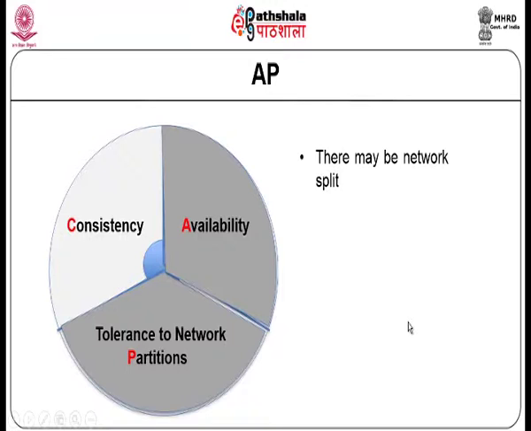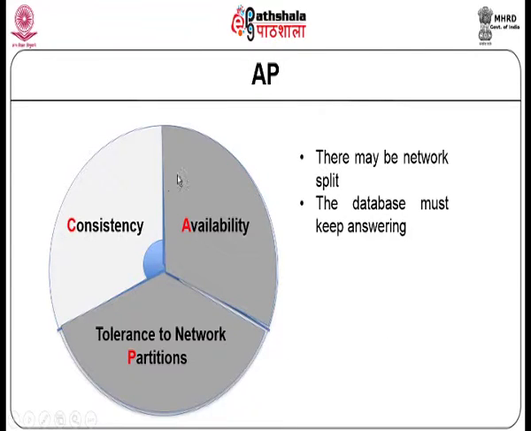So, these systems allow partitions, these systems allow failures, and they will be able to still deliver even if there are multiple failures. Then the databases will always keep answering.